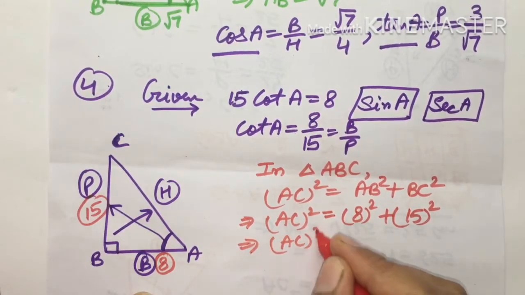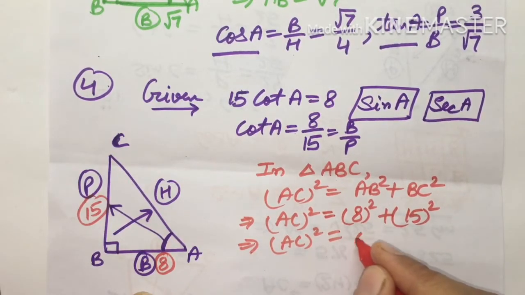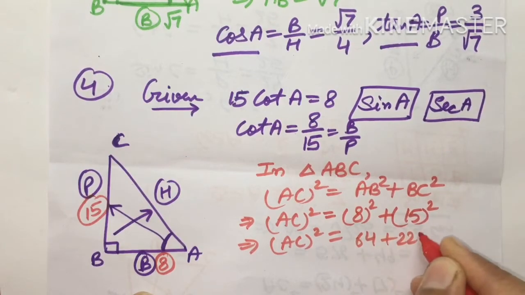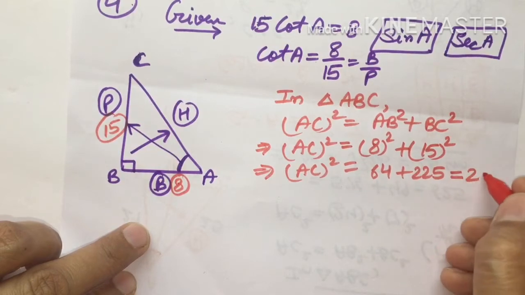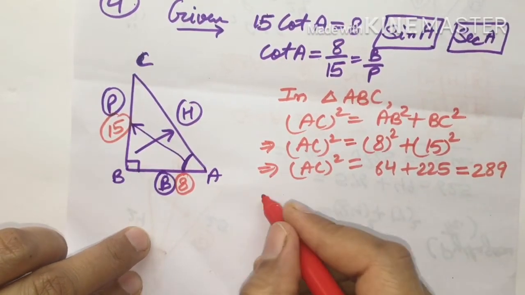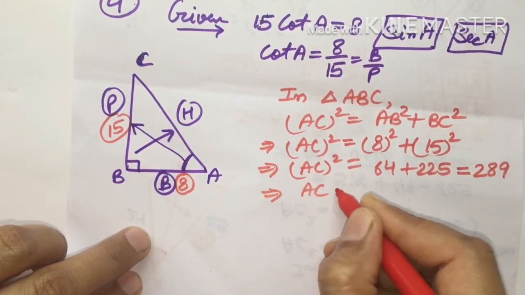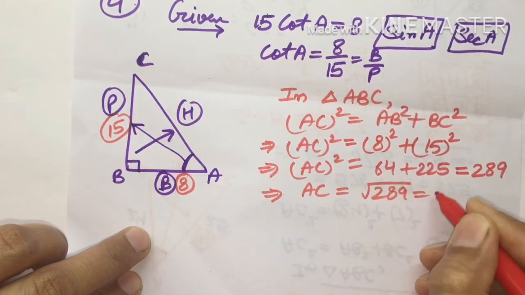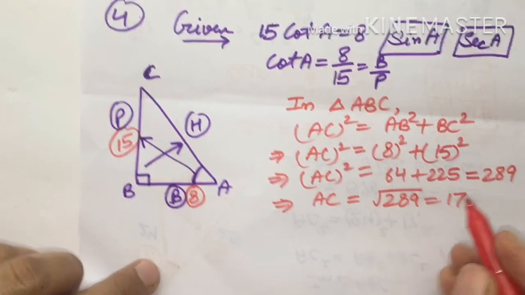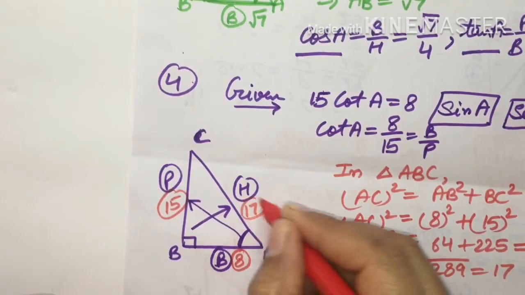So AC square is equal to 64 plus 225, and it will be 289. We will find out the value of AC. So it will be root 289, and this is 17 centimeters. So value of hypotenuse is 17 now.